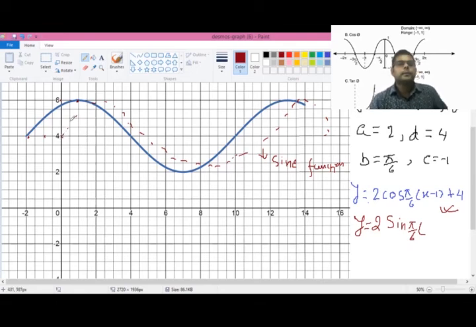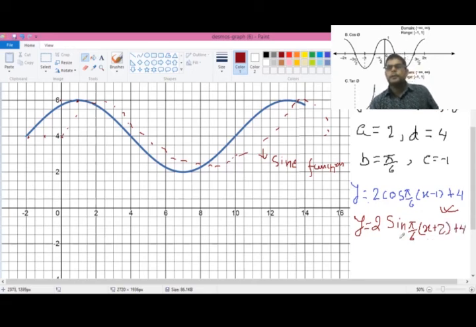So the sine seems to shift 1 and 2 steps left. Therefore, instead of x minus 1 for cos, for sine we write x plus 2, because there is a 2 units shift towards the left along the x-axis. So it is plus 2 and plus 4.